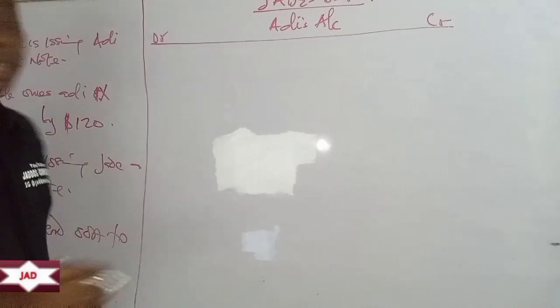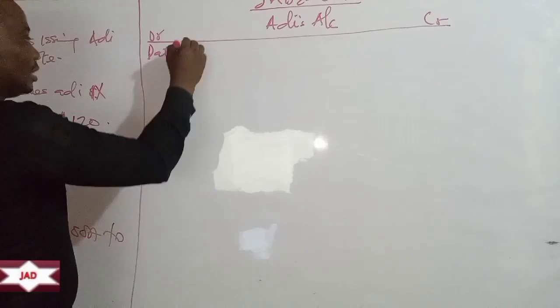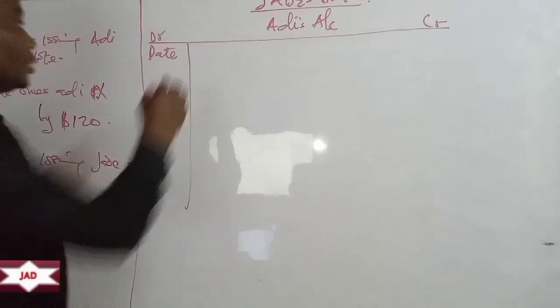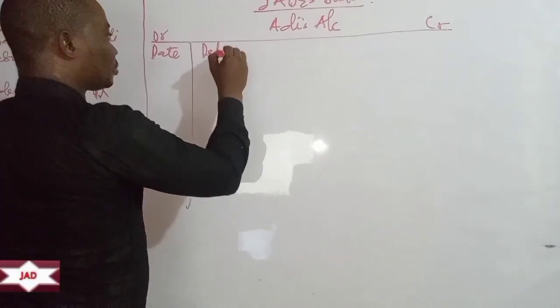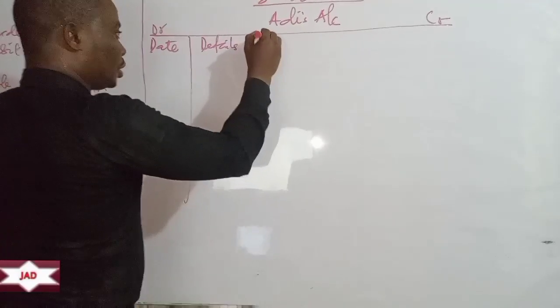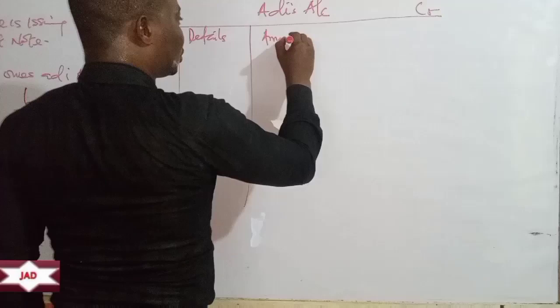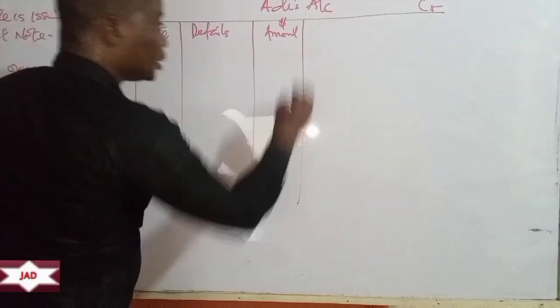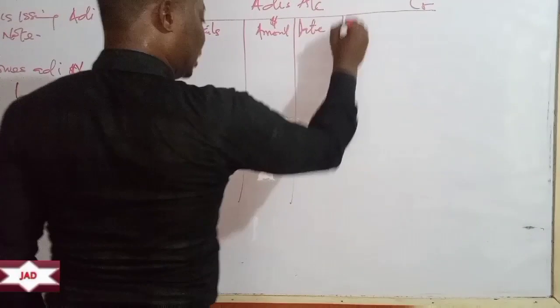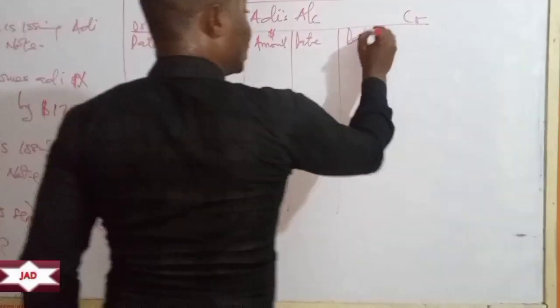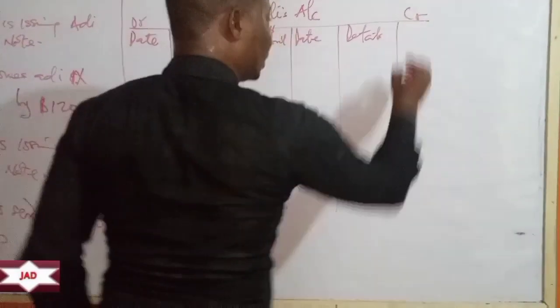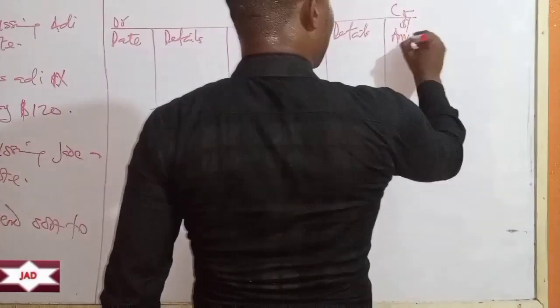So we have dates, we have details, and then we have the amount. They just put dollars there. The next side also has dates, details, and dollars, which is the amount.